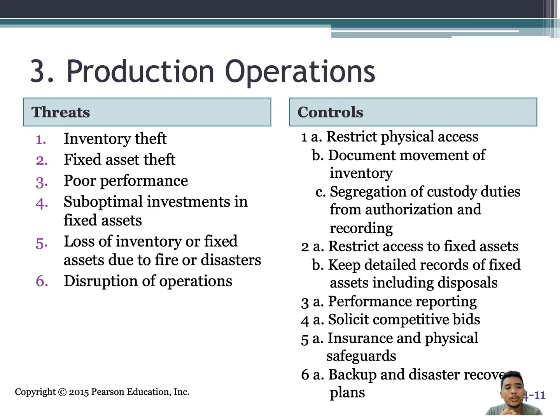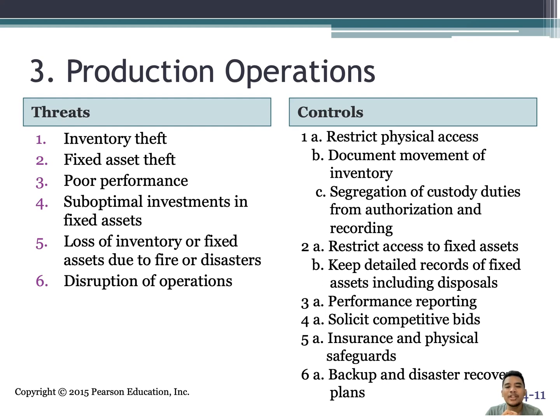Along with the inventory, there are actually fixed assets or PPEs that are vital when it comes to our production. There are other items that might be at risk of theft. So what are the common controls that would mitigate fixed asset theft?